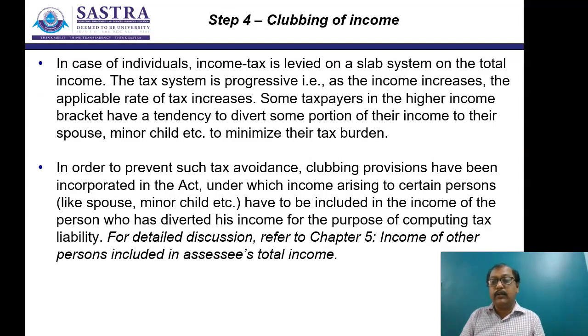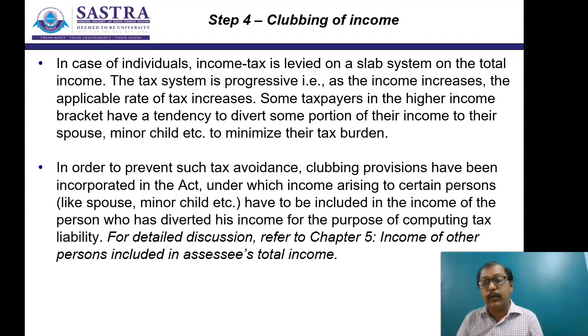Next step is clubbing. Income tax on individuals is leviable on a slab system on the total income, and the tax system is progressive. As income increases, you will have to pay more taxes, and as income decreases, you will have to pay less taxes.